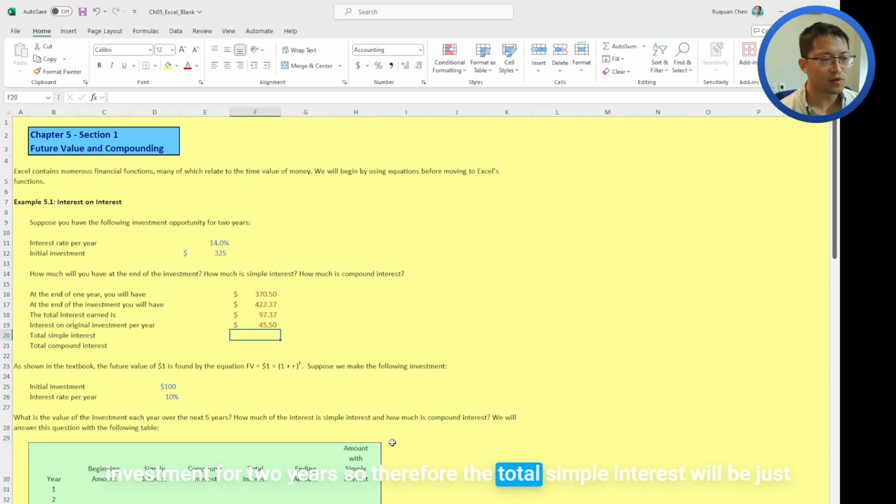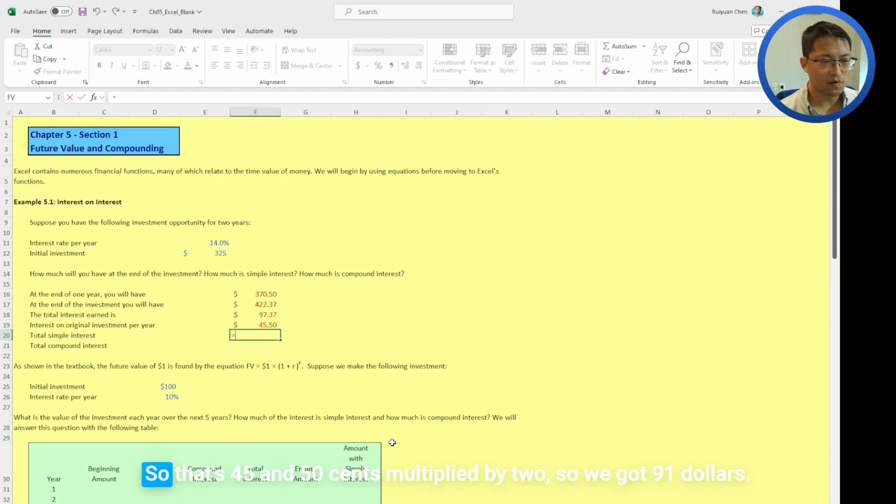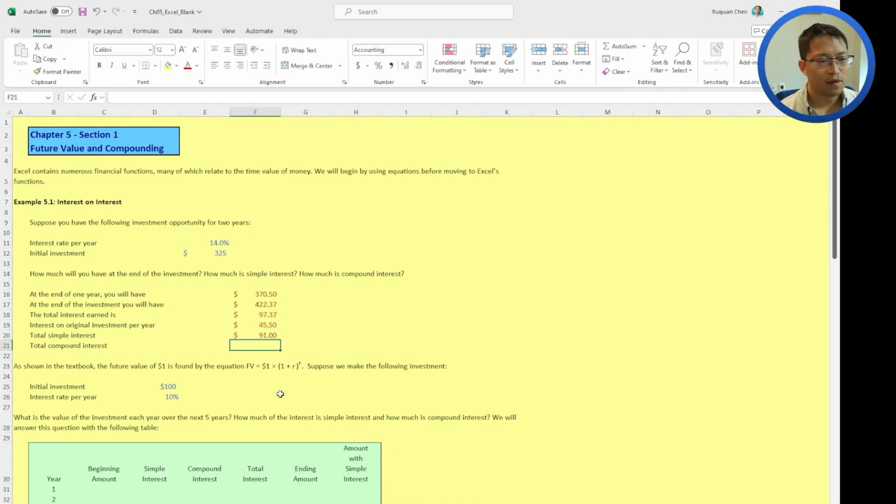So the total simple interest will be just twice the interest on the original investment per year. So that's $45.50 multiplied by 2. So we got $91, right? If we're only looking at the simple interest, that is $91.